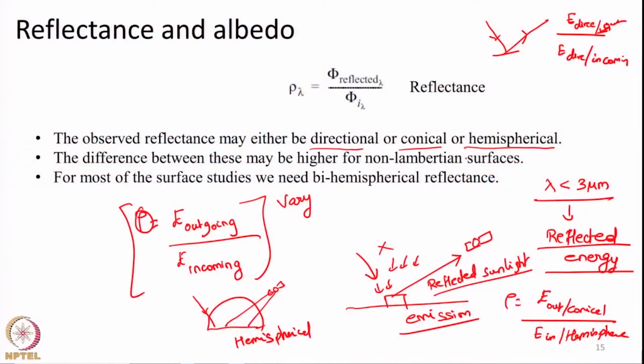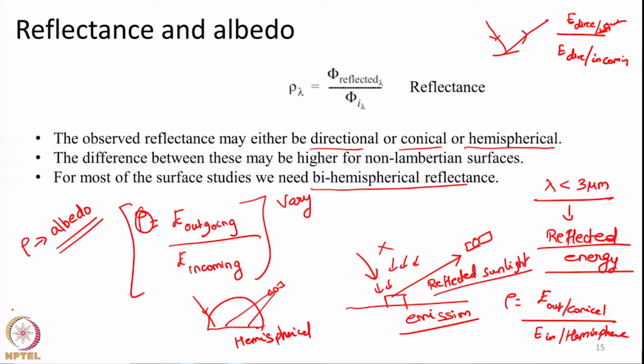So, if we are reporting this reflectance value over an entire hemisphere, like a bihemispherical nature, then we call that particular reflectance albedo.